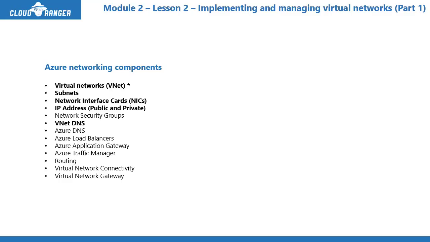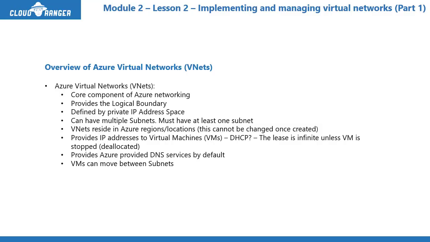But look at all the other components I've put in bold, like subnets, network interface cards, IP addresses, VNet DNS. All of those will be touched, and we are going to go over them hands-on and build them, or talk about them as we build them. Okay, so let's move on.